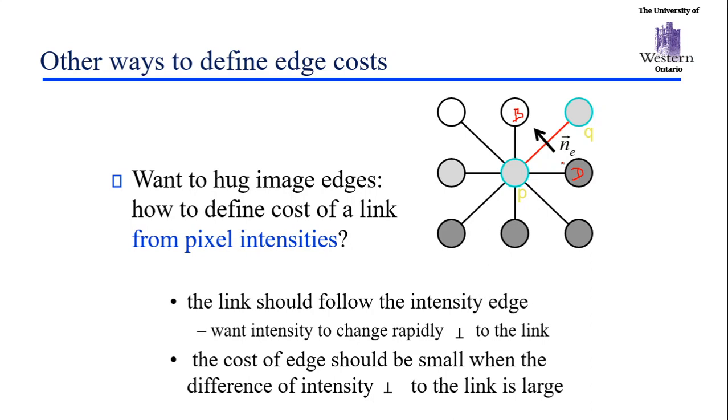So if we take an inverse measure of the positive gradient magnitude, then you can get that line to cling onto the image boundaries. So the link should follow the intensity edge, and we want intensity to change rapidly perpendicular to the link. The cost of the edge should be small when the difference of intensity perpendicular to the link is large.